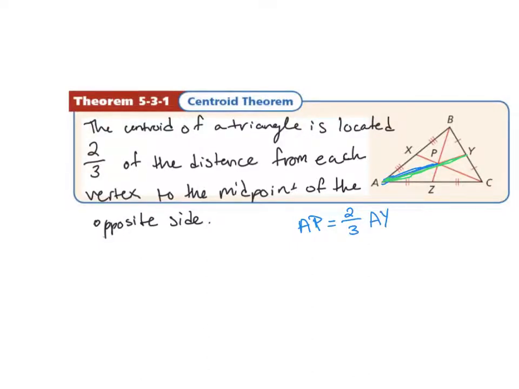So the whole piece is AY, and AP is going to be two-thirds of it. So that's the centroid. It's two-thirds of the way through.